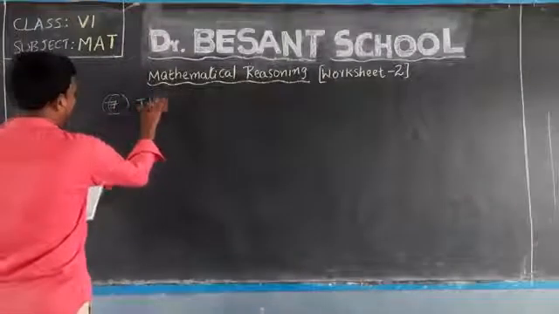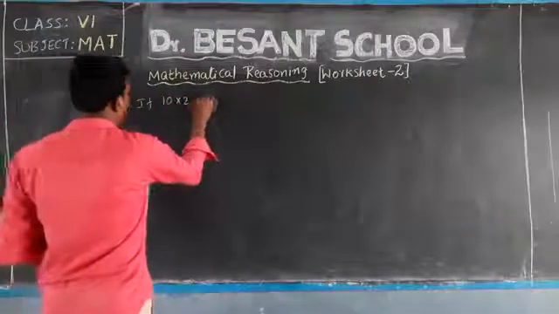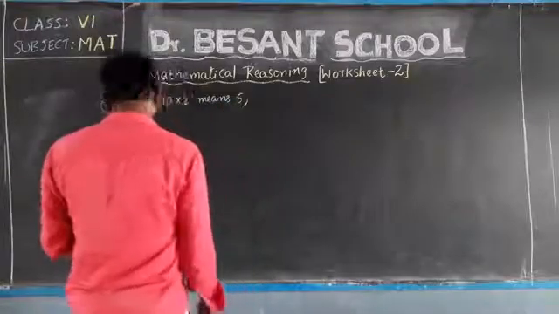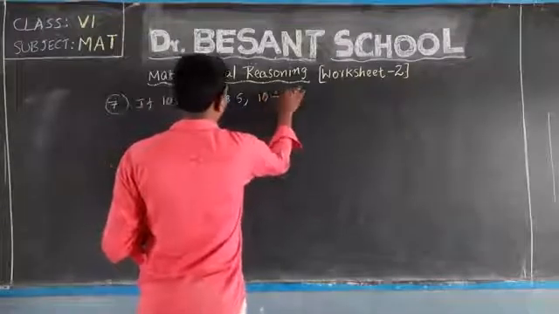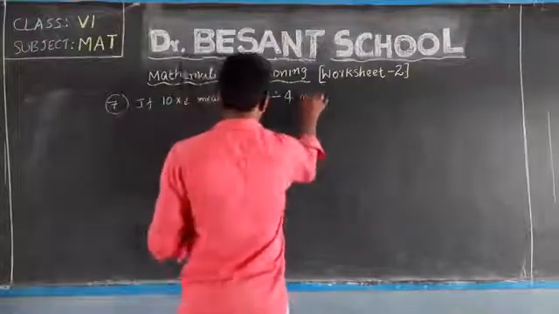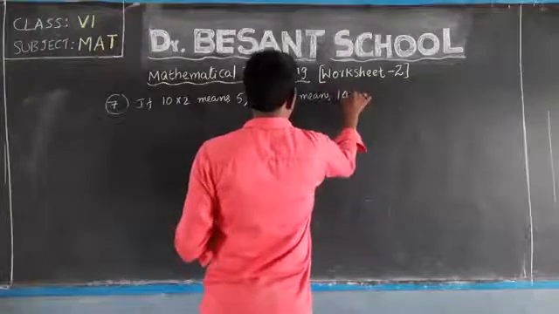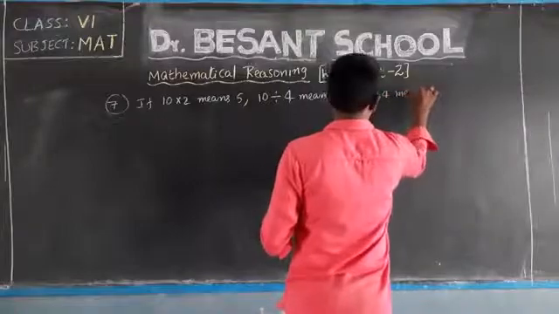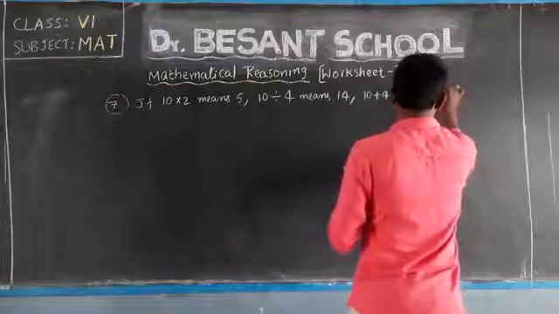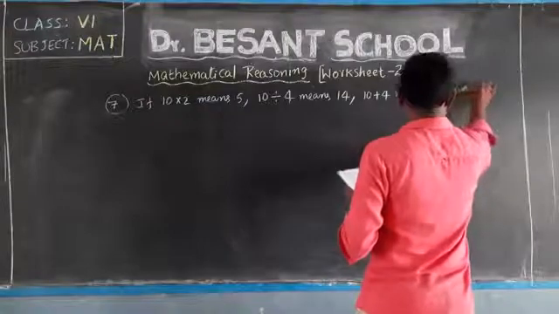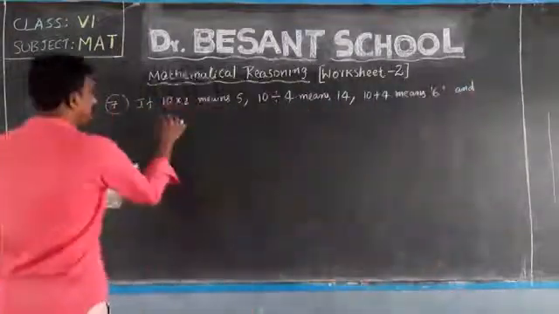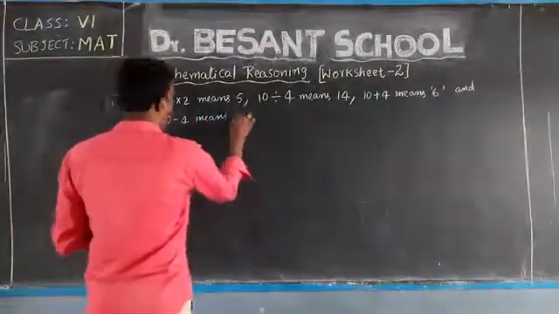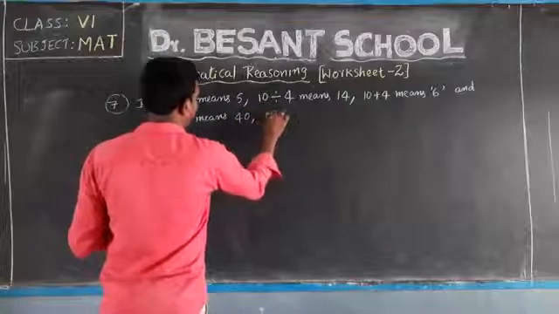What is the question? See here, if 10 into 2 means 5. Similarly, 10 divided by 4 means 14. Similarly, 10 plus 4 means 6. And finally, 10 minus 4 means 40.